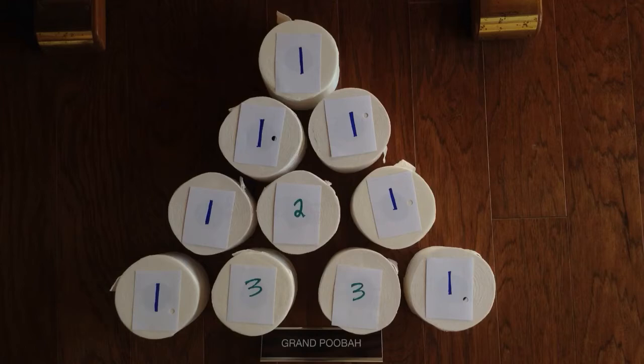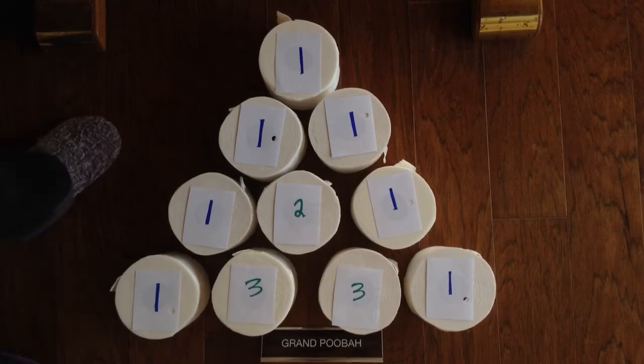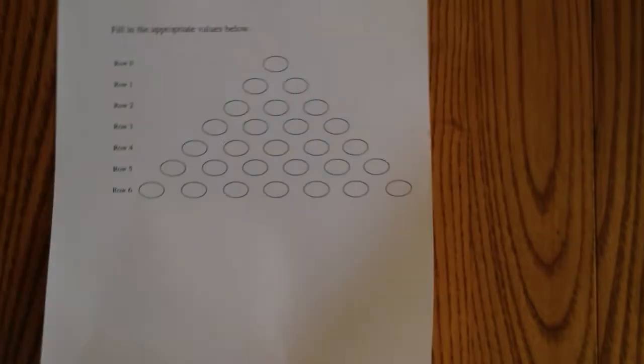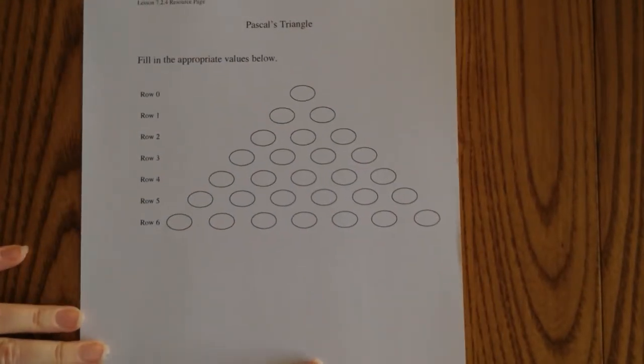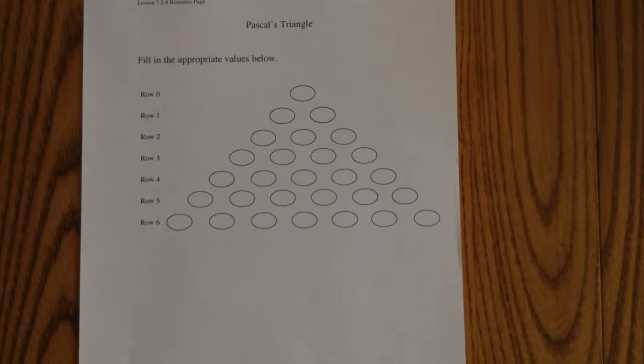I know, but the toilet paper was fun. And if you are a hoarder, feel free. So going back to paper and pencil, and you'll notice in your Google Classroom lesson, I have provided you with the triangle worksheet. So that will help you out and you can play along that way.